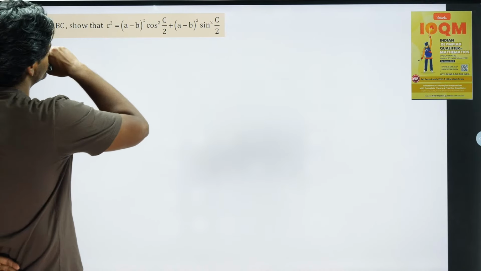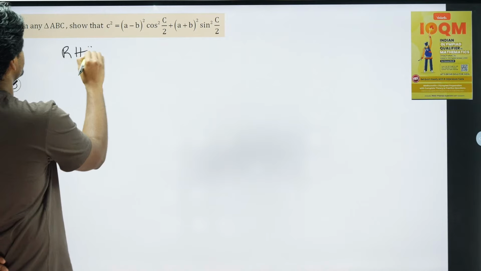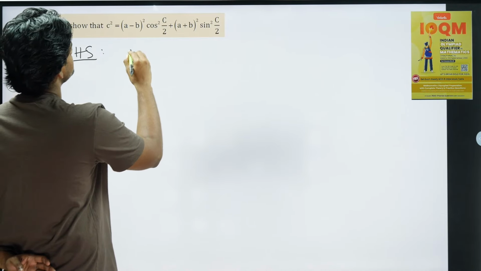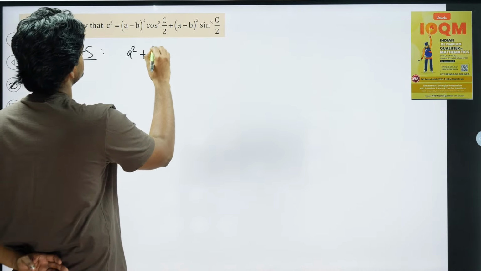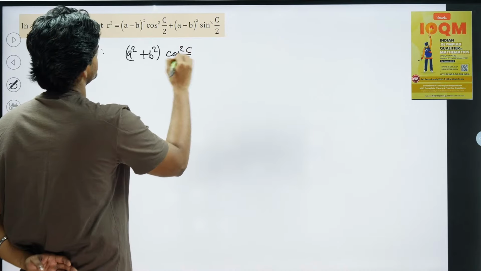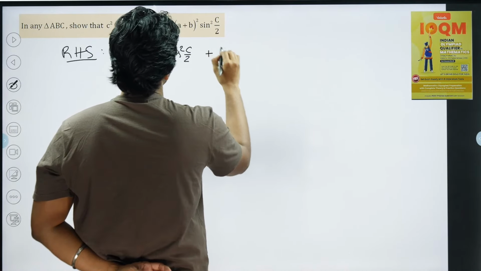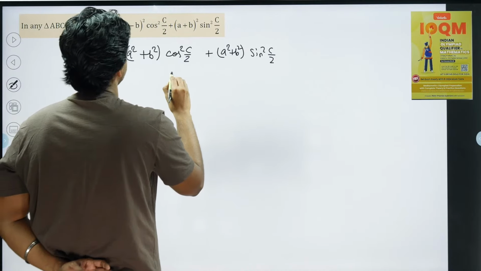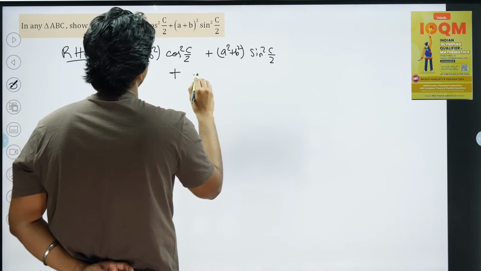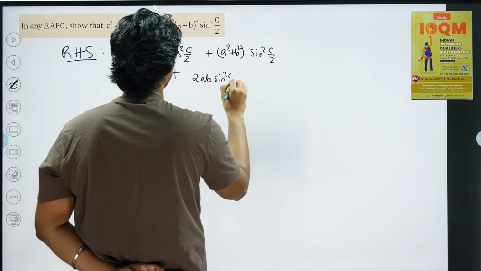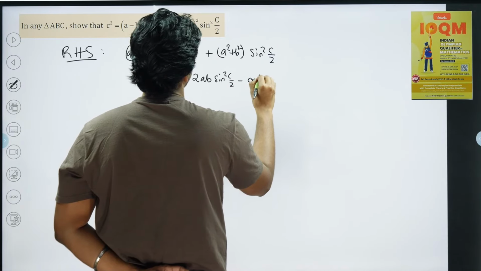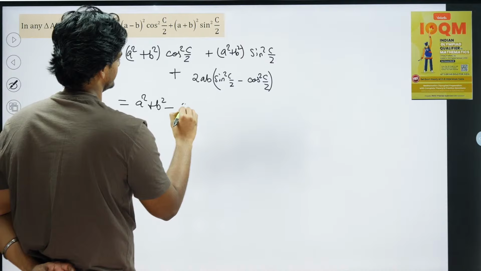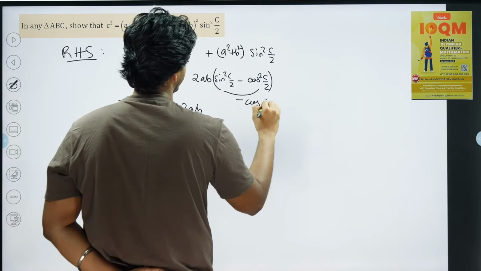in any ABC, show that c square is equal to this. So if you take RHS first, this is basically a square plus b square minus 2ab cos C, right?